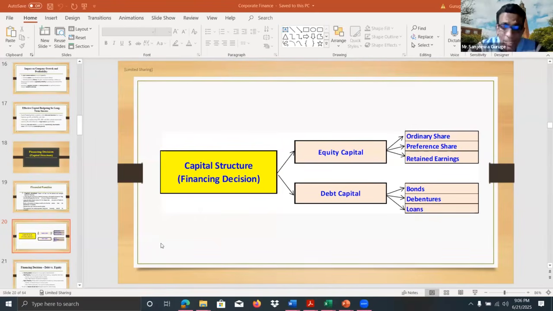Those are the reasons that the cost of debt is comparatively cheaper. This is a very good point. If the debt is, instead of good, let me use the term, comparatively cheaper, why can't we finance all the requirement using debt?